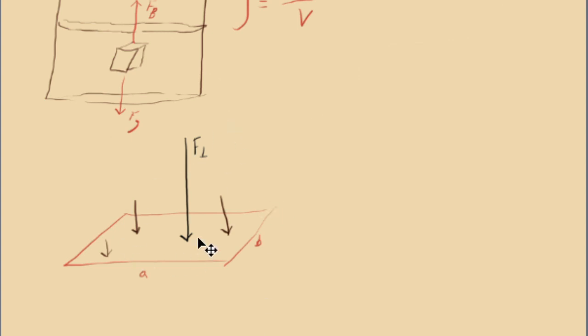So instead of just thinking of this force being one point force, we could think of it being spread across an entire area. And so this upside down T is just for the force perpendicular to the surface, because we just want the force that's being applied to the surface.